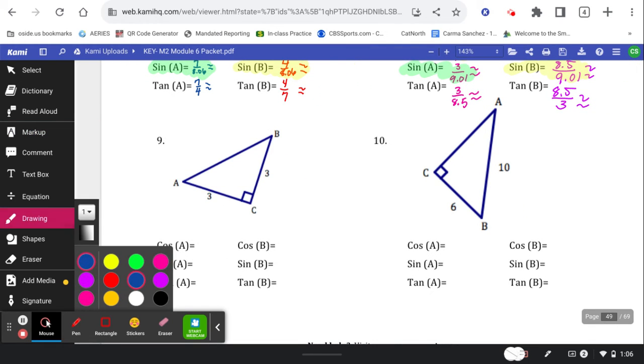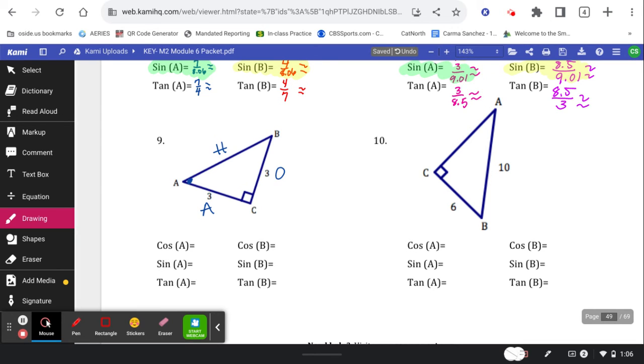All right, to start, we're going to be standing at reference angle A. So this is going to be my opposite. This is my adjacent. And as always, here's my hypotenuse. Uh-oh, the hypotenuse doesn't have another side. So we have to do a little math here. 3 squared plus 3 squared equals that hypotenuse squared.